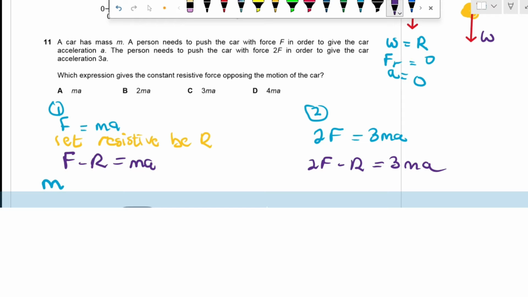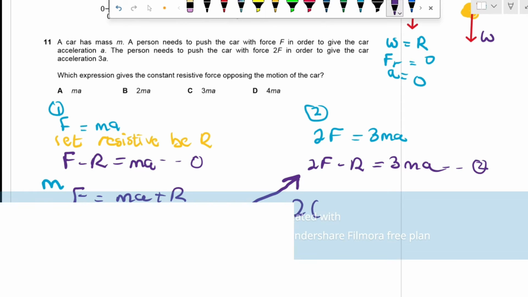Guys, this is a simultaneous equation. We try to find R. So this is equation 1, this is equation 2. Let's solve them. F is equivalent to ma plus R. So I can substitute this F here. So I'm going to have 2(ma plus R) minus R equivalent to 3 times mass times acceleration.